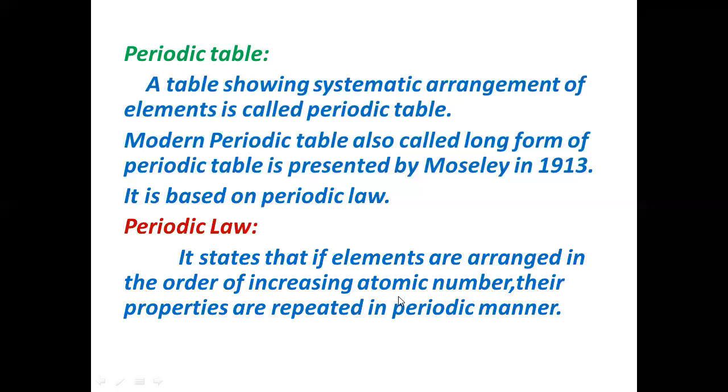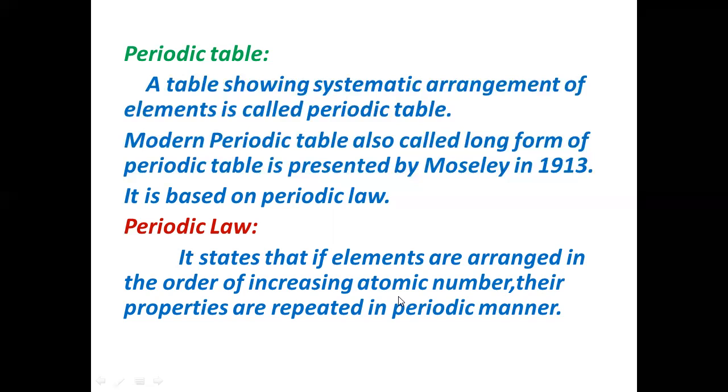Periodic law states that all the elements in the periodic table are arranged on the basis of their increasing atomic number, and the sequence starts from the low atomic number towards the higher atomic number. So all the elements are arranged in this order and their properties are repeated.